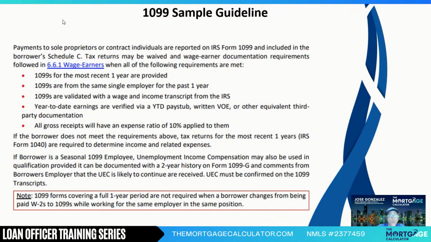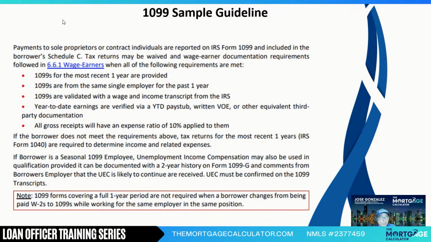But I will note that these guidelines are for 1099 as well as all other income types. They're not homogeneous. And what I mean by that is they're going to change from option to option. In other words, from investor to investor. The investors in this case I'm referring to are the investors who we sell the loans to.